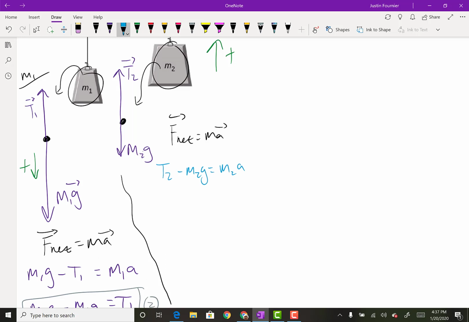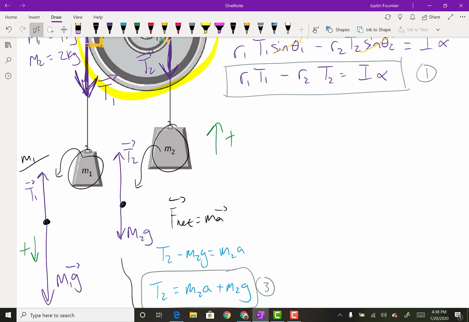Isolating T2, that's going to give me T2 equals M2A plus M2G. And that is going to be equation 3. So now I'm going to plug equation 2 and equation 3 into equation 1. That's my next step here.